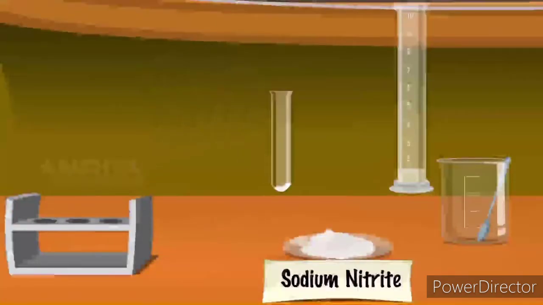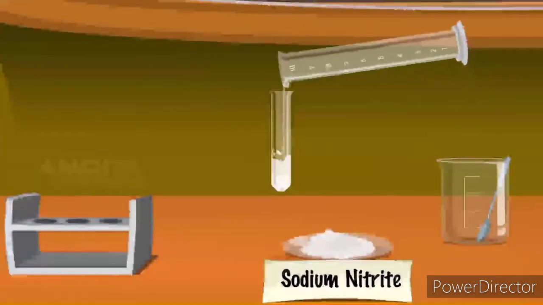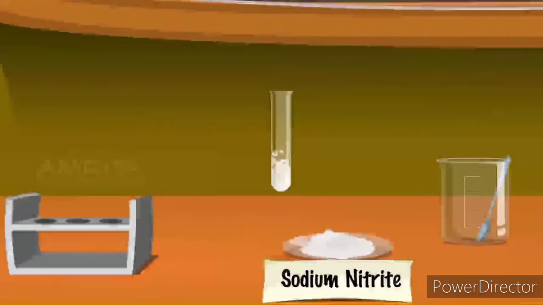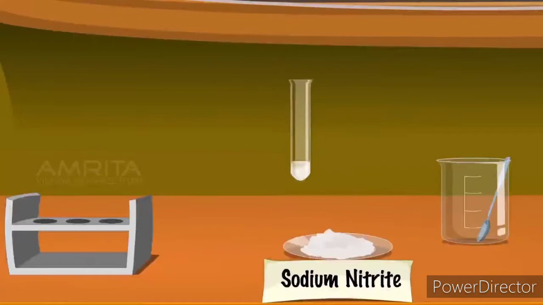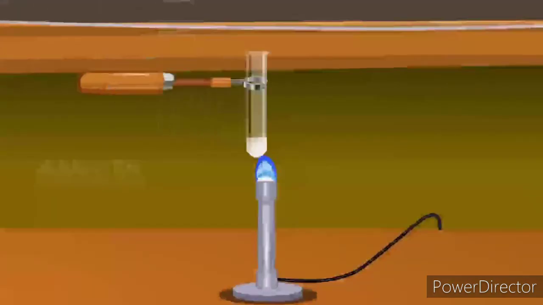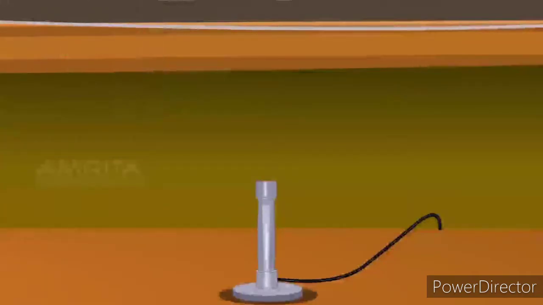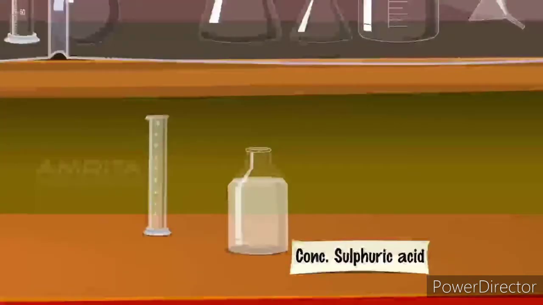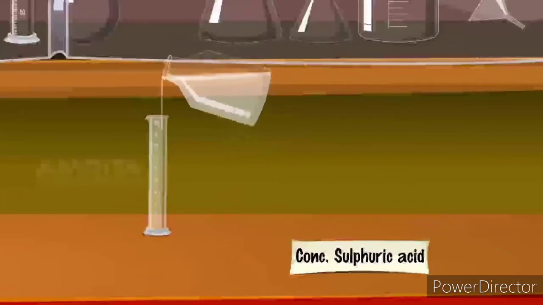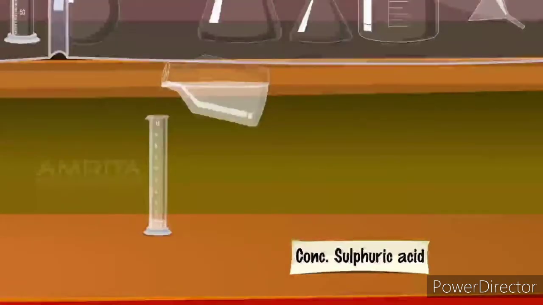Pour it into the test tube. Heat it gently for half a minute and allow it to cool. Take a measuring jar. Pour 1 ml of concentrated sulfuric acid into it.